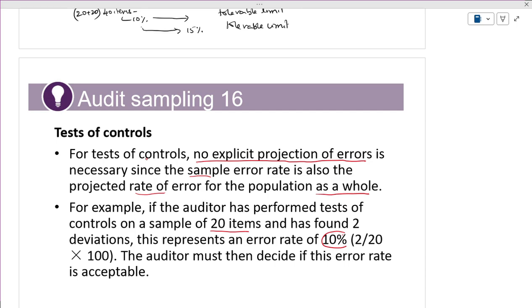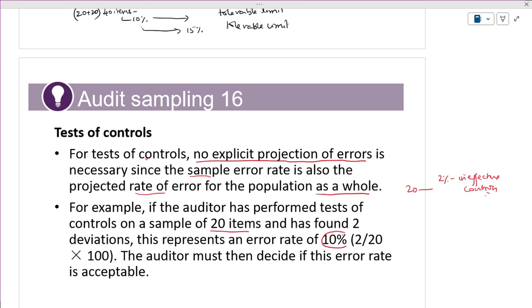You wish to know whether the controls are effective or not. Out of 20, you say that 2 are ineffective controls. Now 2% are ineffective controls? Is that what they say?